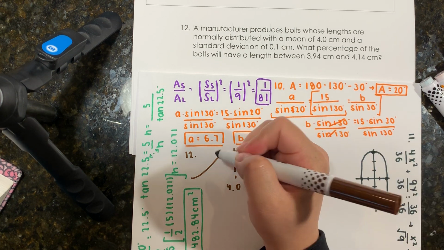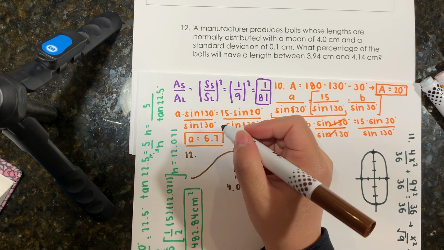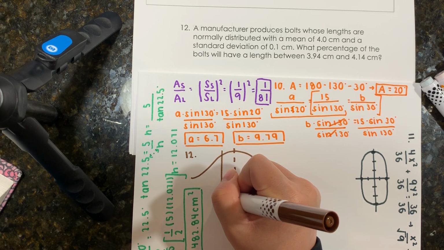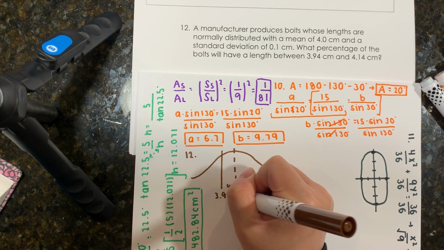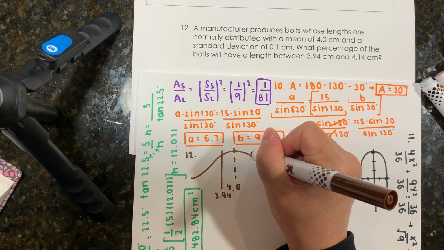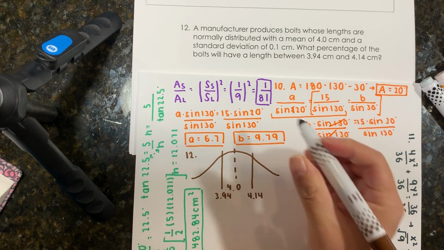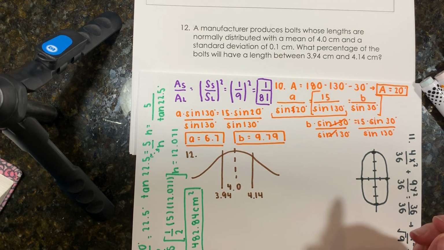And what I'm going to do is find the percentage that falls below 3.94, and then find the percentage that falls below 4.14. And then I will find the difference between the two.